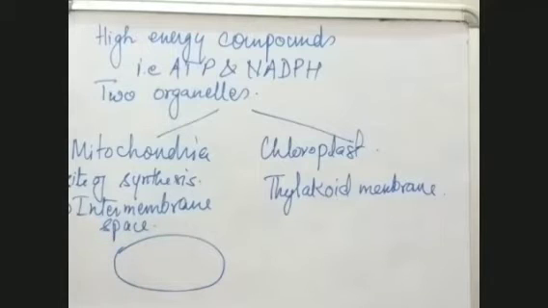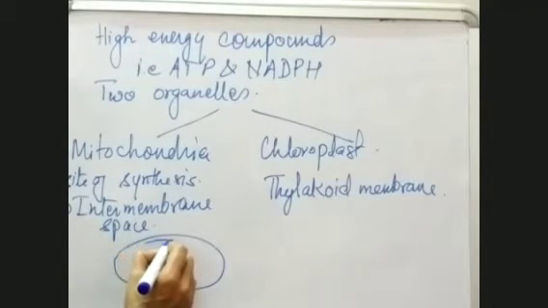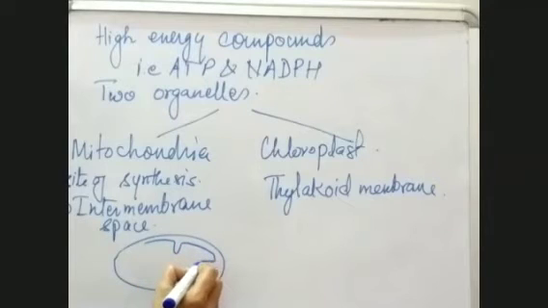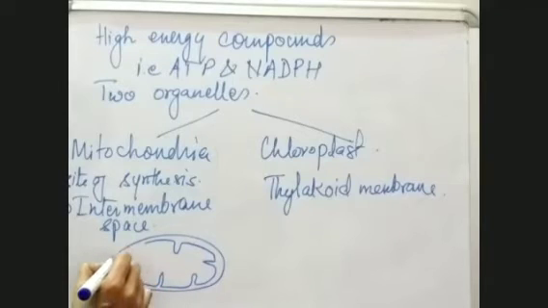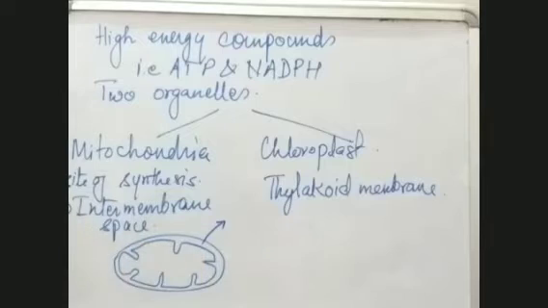If this is mitochondria, we have cristae in mitochondria like this. Where does this synthesis of high energy compound take place? It is here, this area, where the synthesis of high energy compounds takes place.